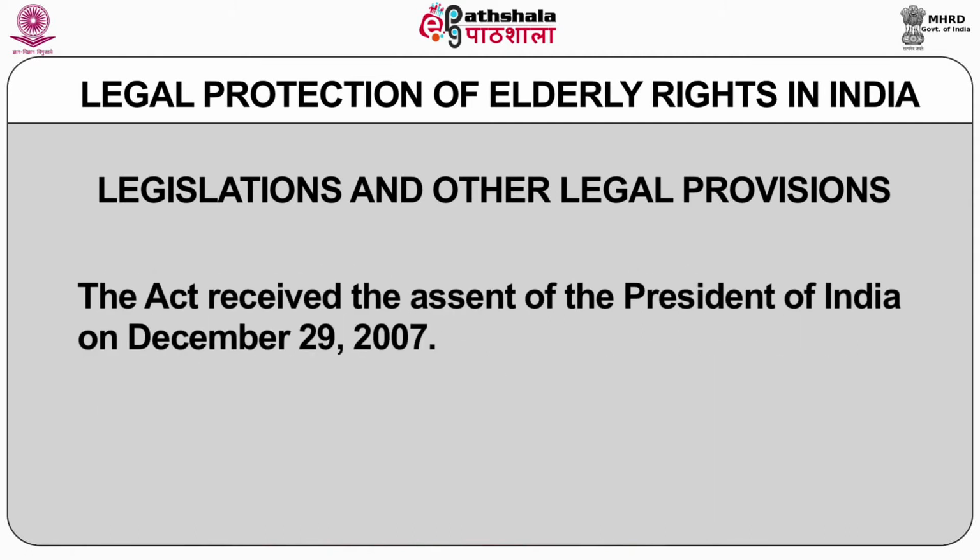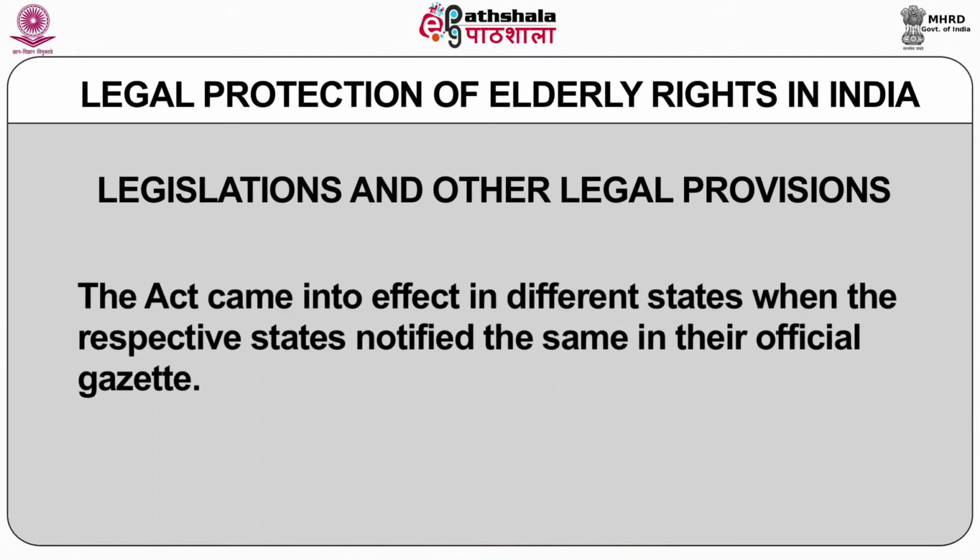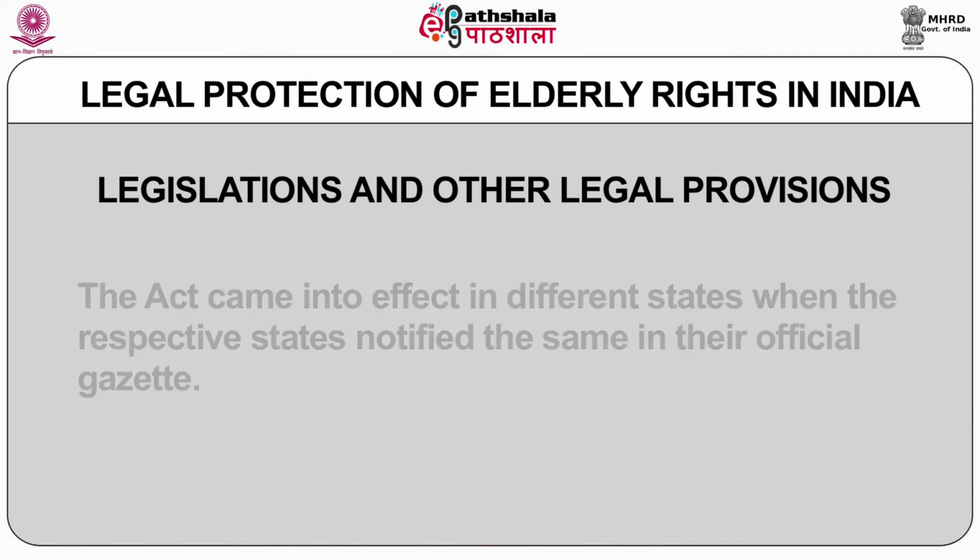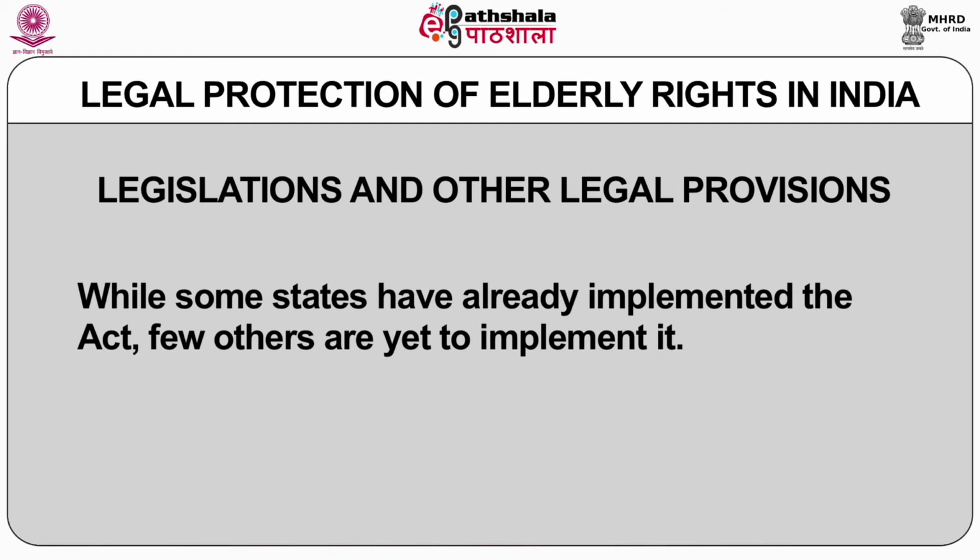The Act received the assent of the President of India on December 29, 2007. The Act came into effect in different states when the respective states notified the same in their official gazette. While some states have already implemented the Act, few others are yet to implement it.